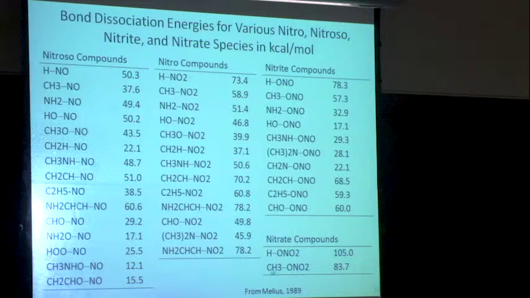So in this case, if I'm looking at methyl nitrate again, this is the ON bond instead of the CH bond, and you can see the ON bond is considerably lower than the CO bond. So you can start to see where these molecular structures are going to start to dissociate.